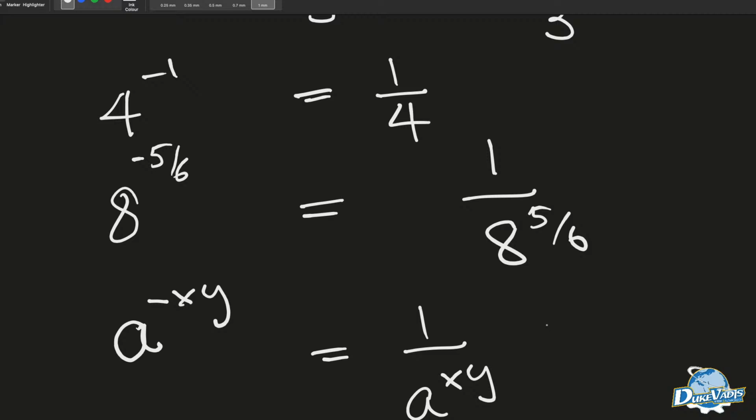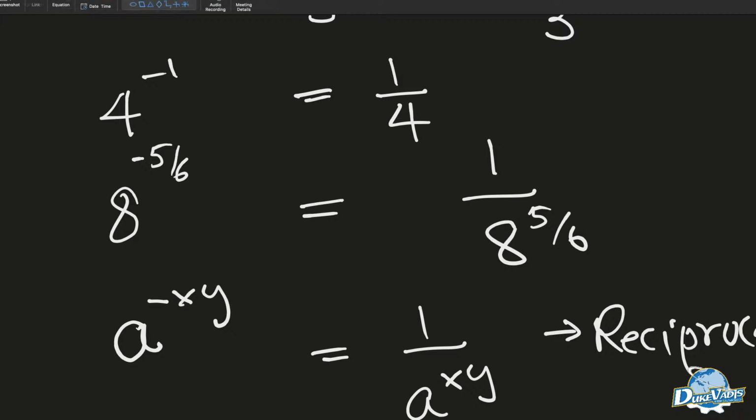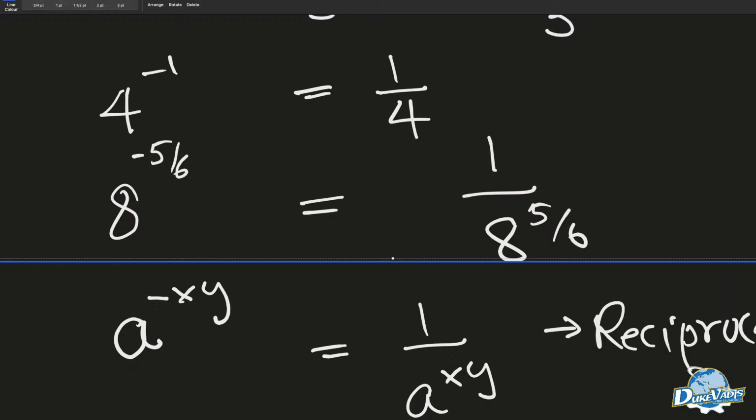So we say this is the reciprocal. This is a property of indices.